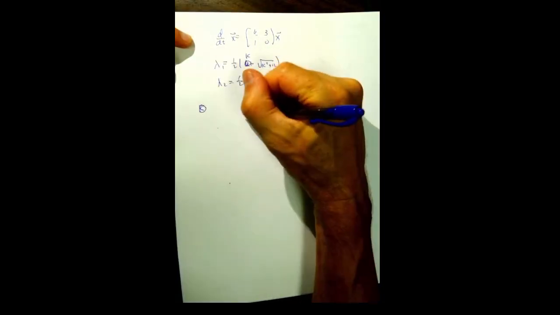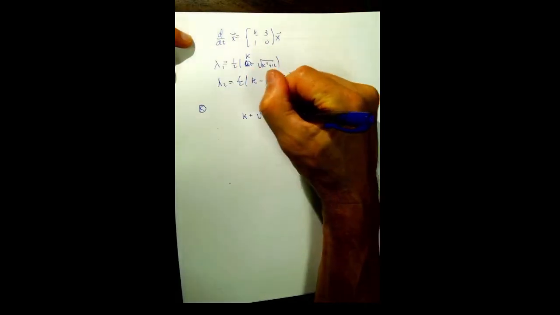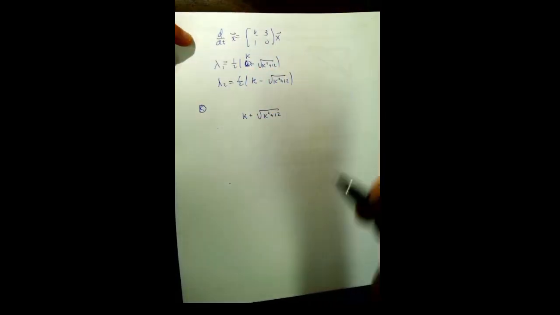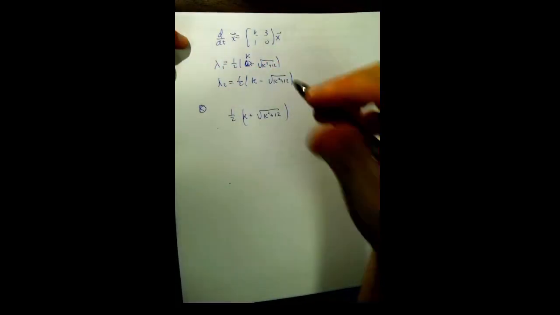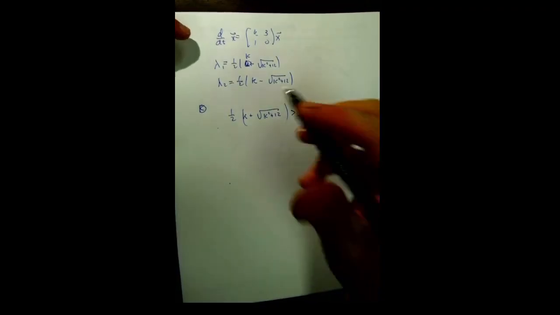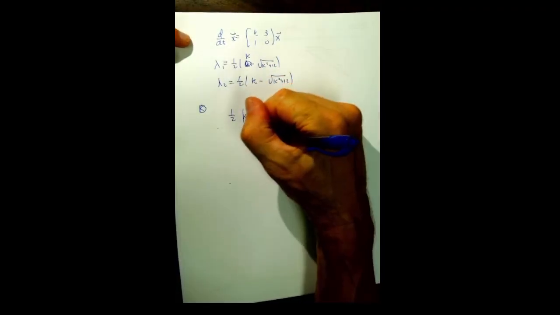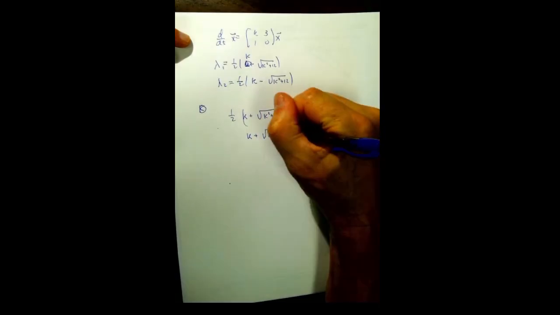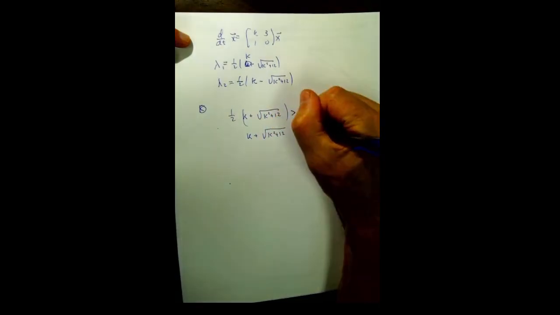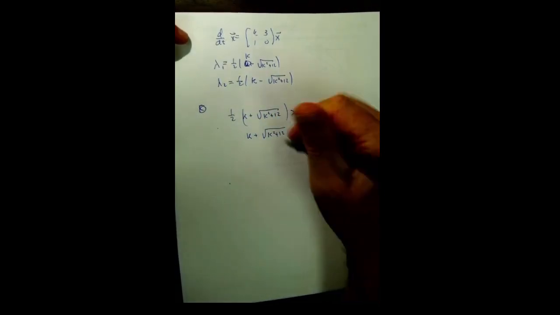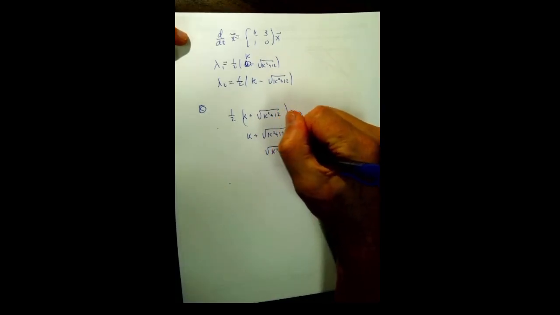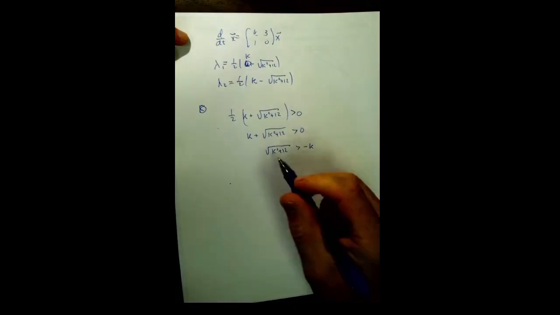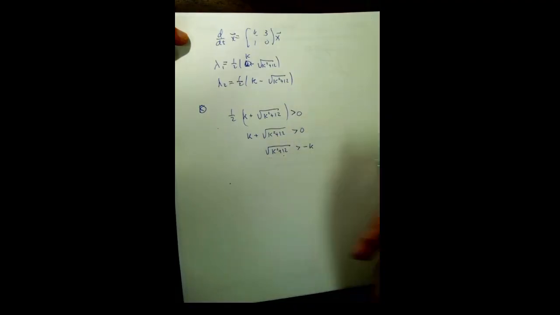So let's look at k plus square root of k squared plus 12, all times 1/2. I think that's got to be positive no matter what. Let's see if that's true. I can multiply both sides by 2. If I subtract k from both sides, I get square root of k squared plus 12 is greater than or equal to minus k.